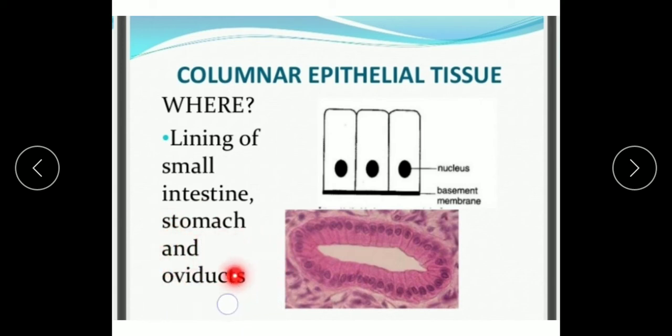Oviducts are the fallopian tubes, found in the female reproductive system. They carry the ovum from the ovary to the uterus.